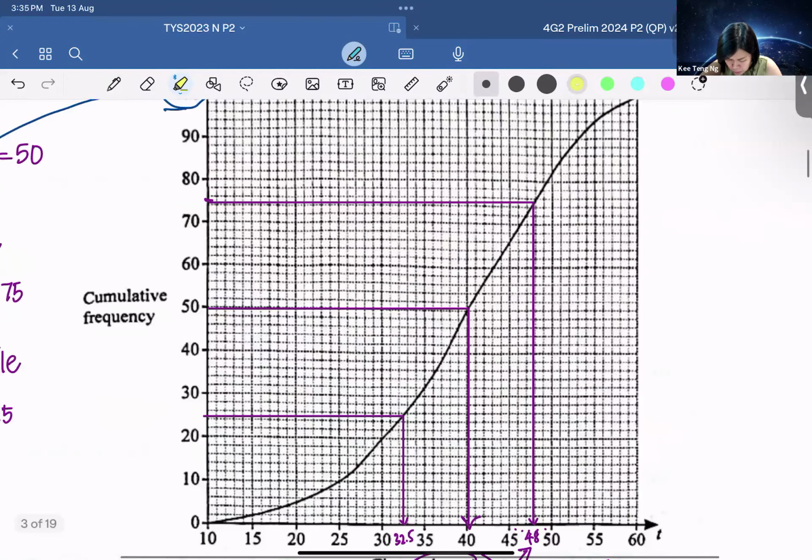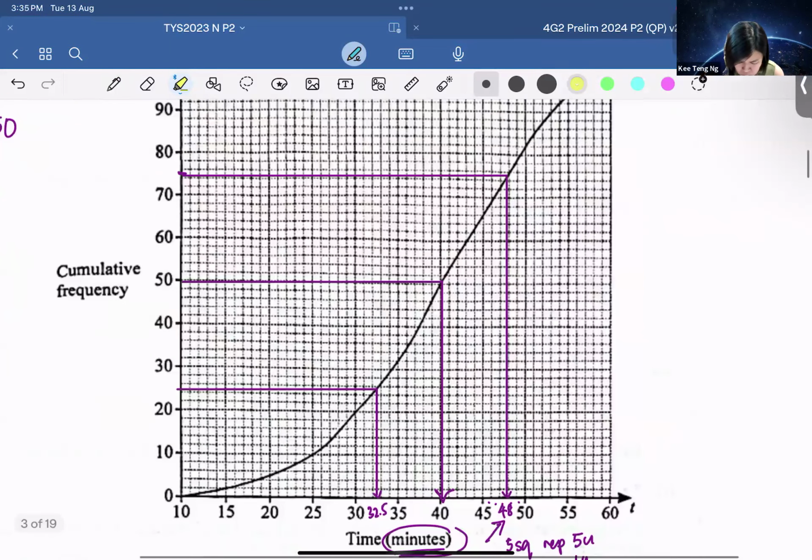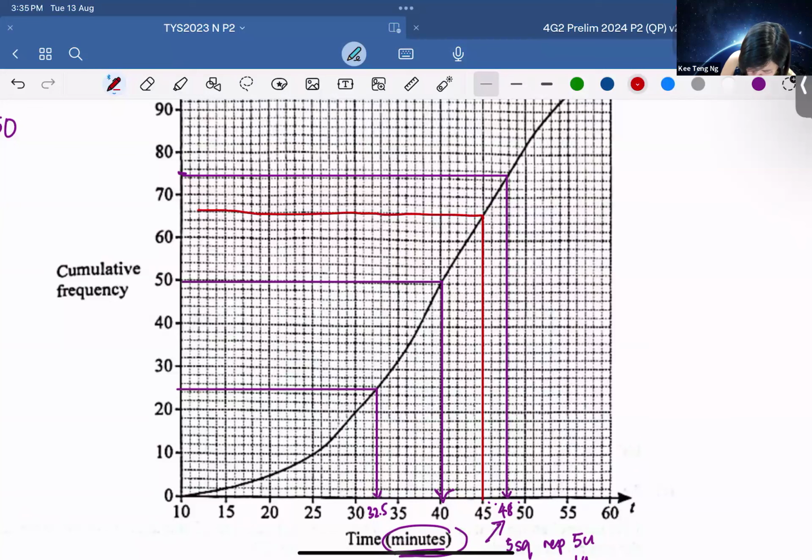So 45 minutes. Let's go backwards. This number here is 62: 1, 2, 3, 4, 5. 5 squares represent 10 units, so 1 square represents 2 units.